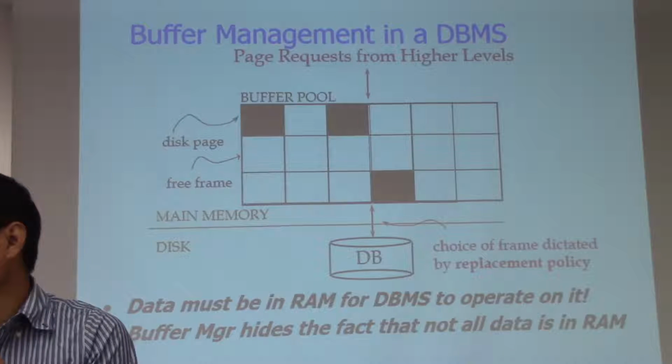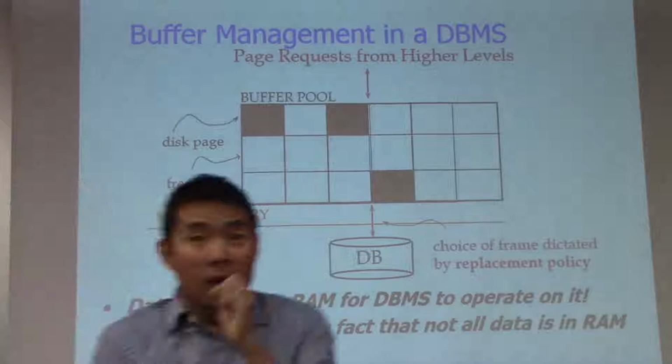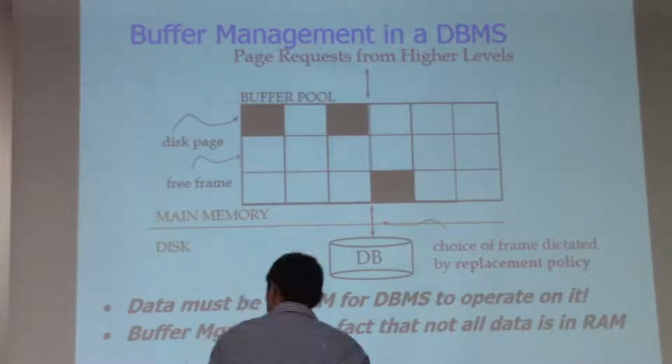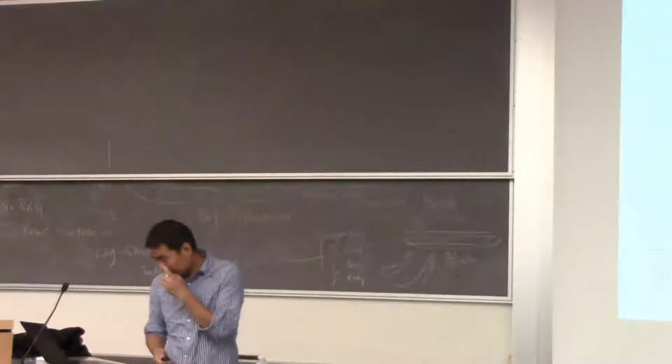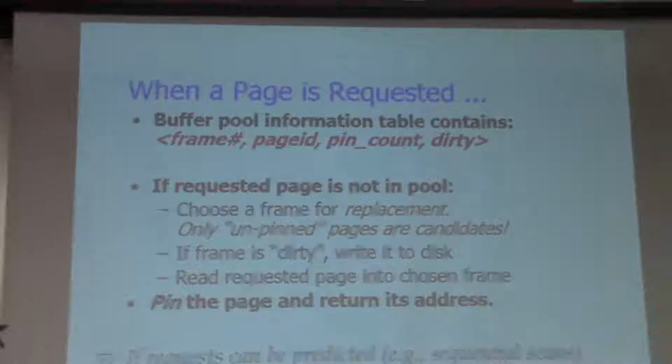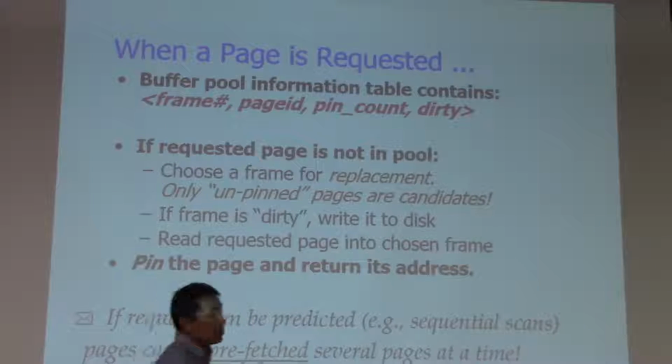You run out of space. And what do you do? You do something called buffer replacement, which is essentially what's described by this particular algorithm here.